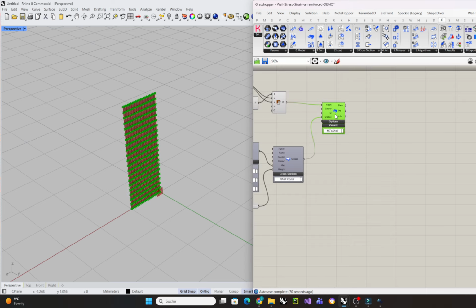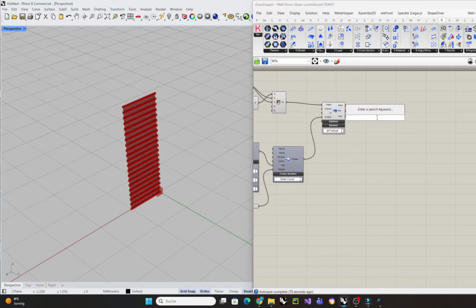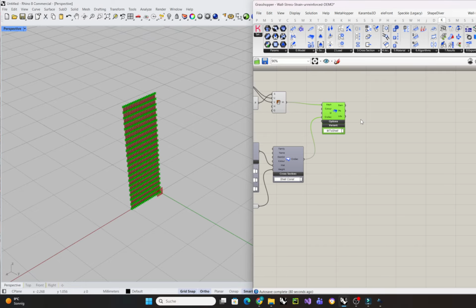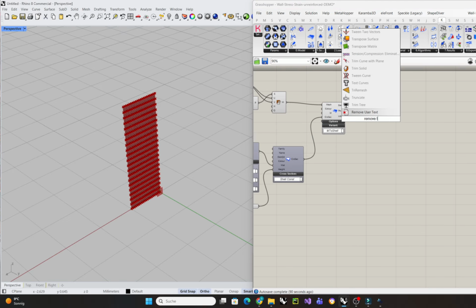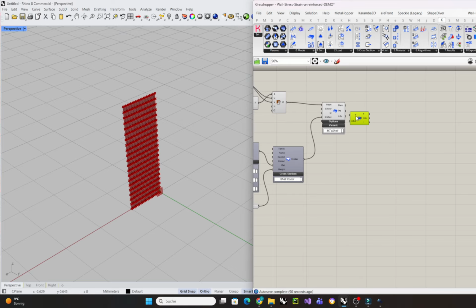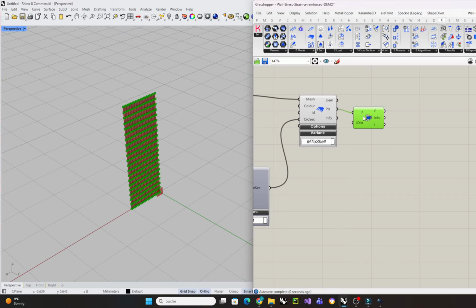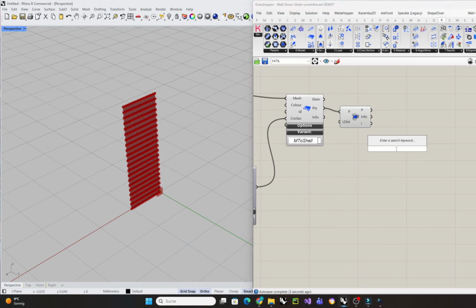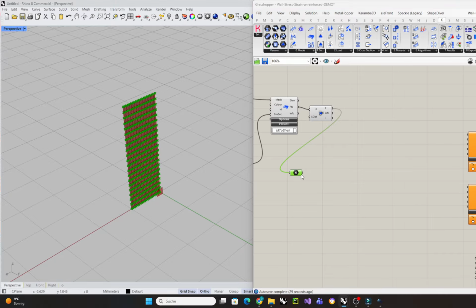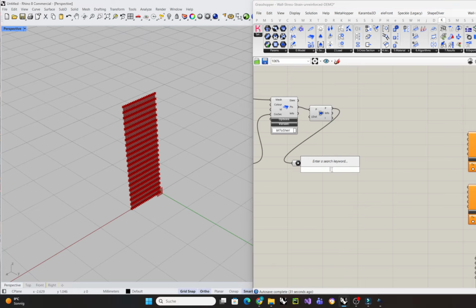Let's get started. First, I want to extract the points from this mesh, with some conditions to separate which are the bottom and which are the top supports. First, I'm going to remove duplicate points in case there are any, and I want to get these points. The easiest way, I think, is to deconstruct the point.